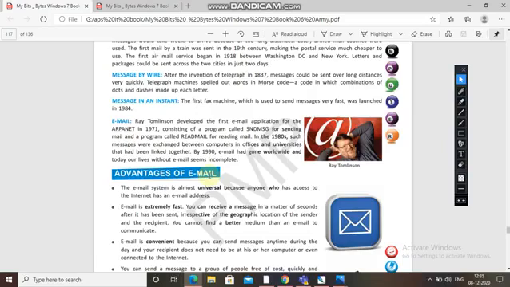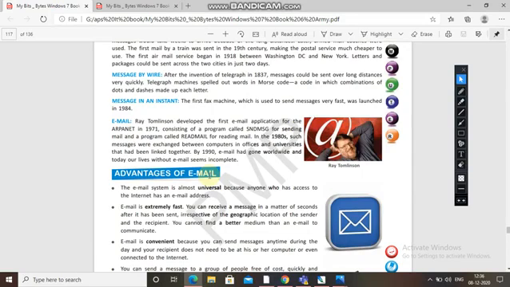Now next, advantages of email. You all know the advantages of email. Okay. It does not take much time, it is cheaper, not very costly, convenient to use, and very fast to send or receive messages.